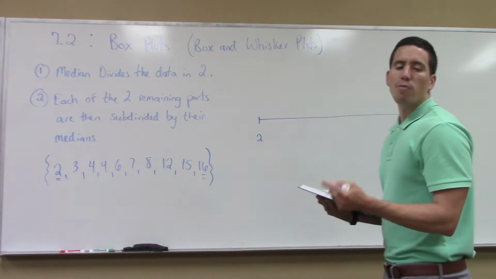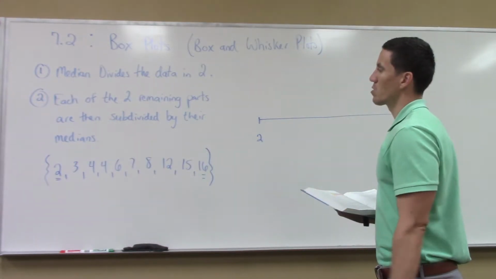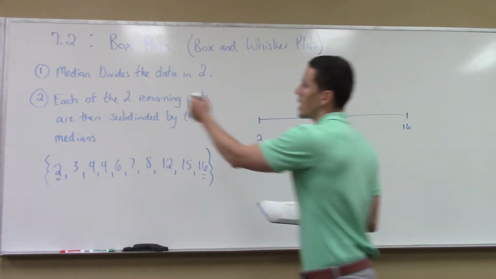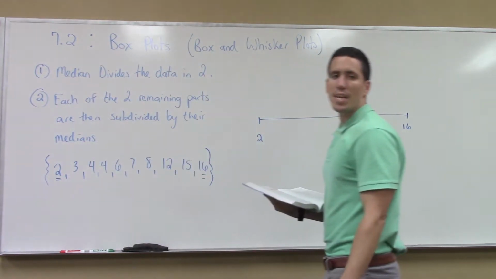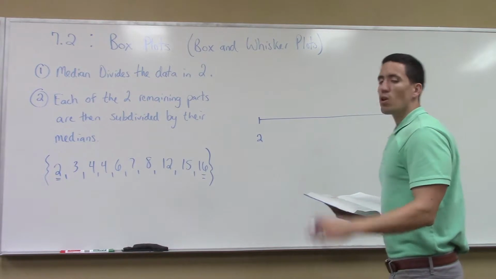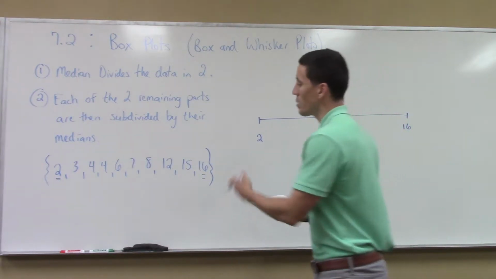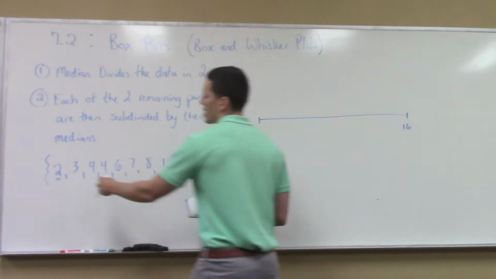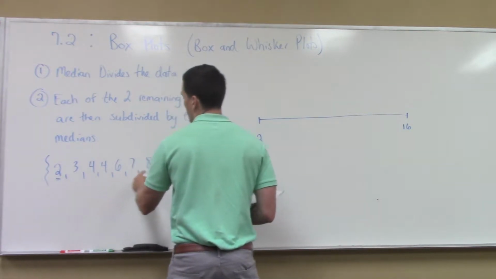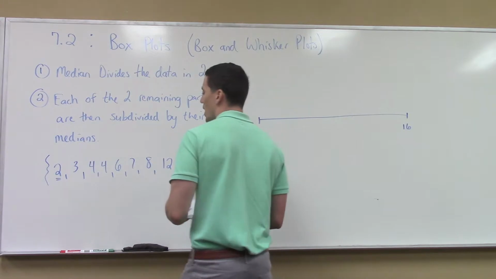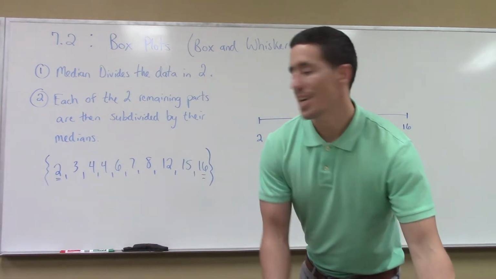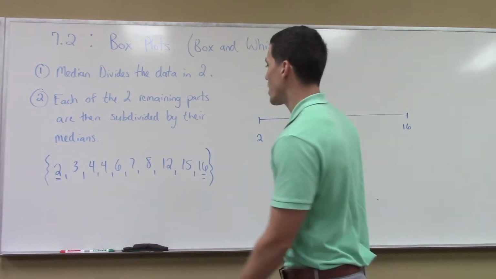Step one of forming a box plot or box and whisker plot is to find the median of the set of data, and that median will divide the data into two parts. So, going back to our previous video, I need to be able to find the median. In this case, I have 1, 2, 3, 4, 5, 6, 7, 8, 9, 10 data points. So the median, since I have an even number, is going to be the average of my two middle numbers.